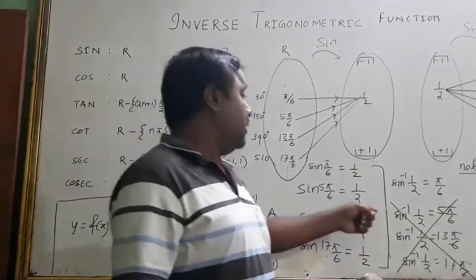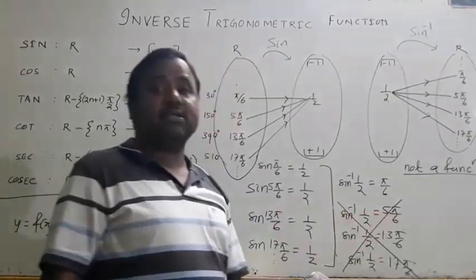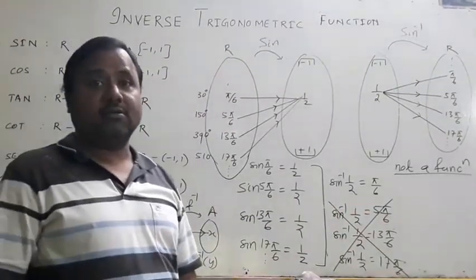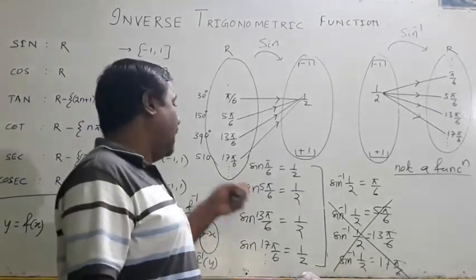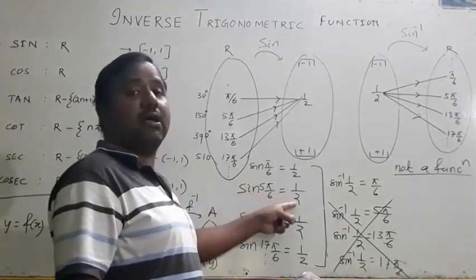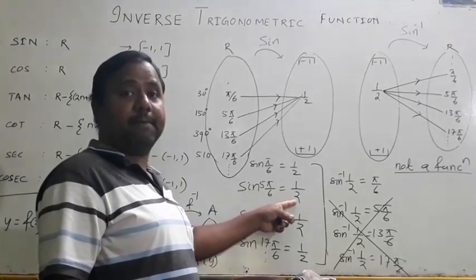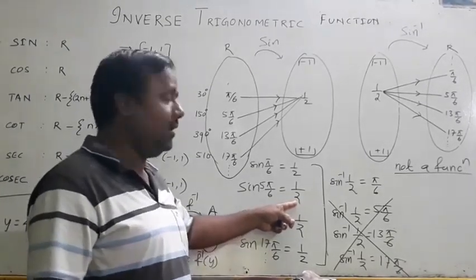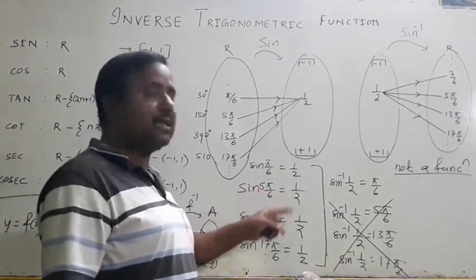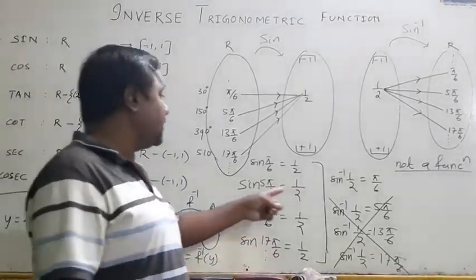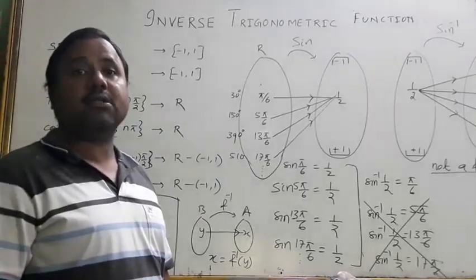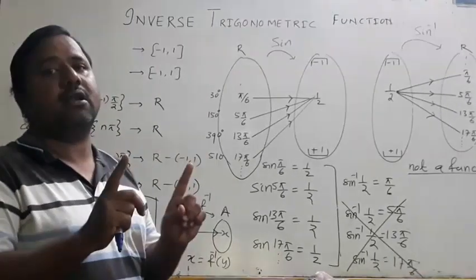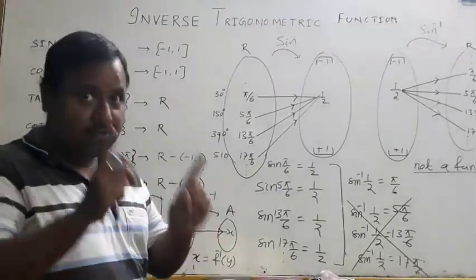If 5 pi by 6 complains to the mathematicians, sir, my mother is half, but why should I not call her the mother of 5 pi by 6? It is not taken. Okay, you understand it?